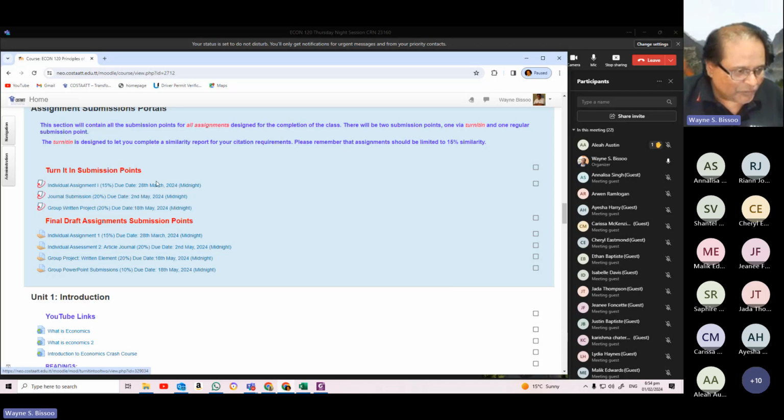You understand? So you're submitting into the individual assignment portal, and you can submit multiple times to allow you to fix your document. So the idea is to hone your citation skills. That makes sense, Aliyah? So whatever information we get from the document, we have to change it up in our own words? To a great extent, yes, which is to fix your citation issues and lower your similarity ratings.